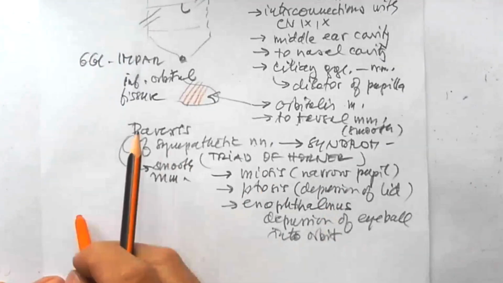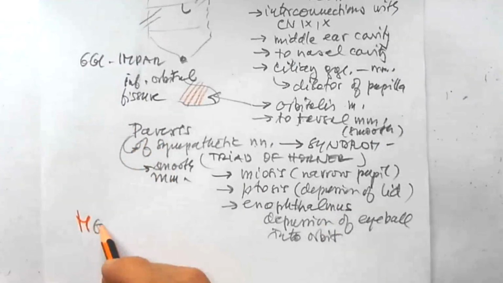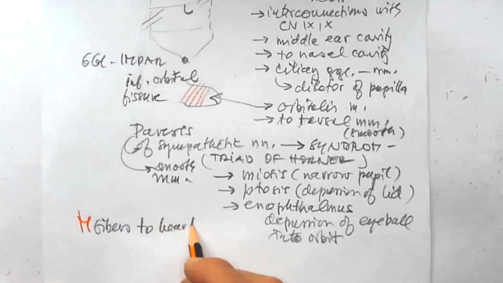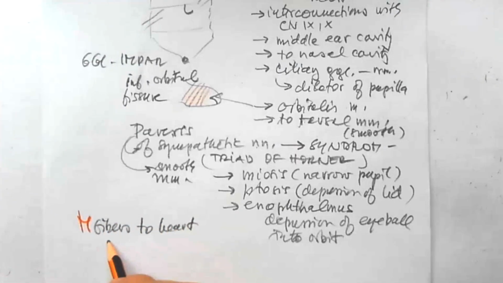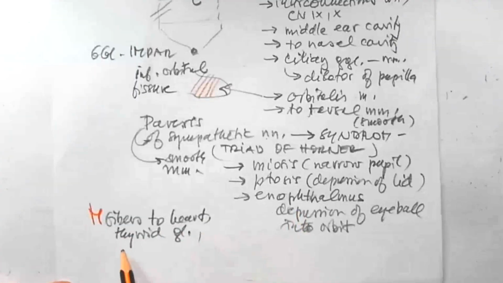There was the superior, then the middle, very quickly, fibers to the heart. This is quite easy. To the heart, thyroid gland, parathyroid glands, that's it.